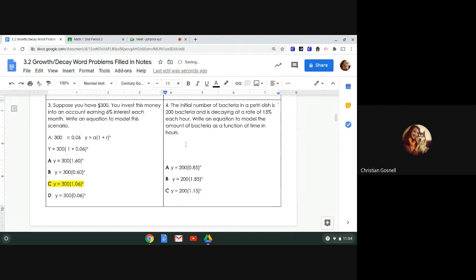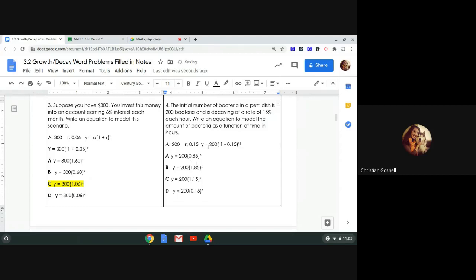Last example: the initial number of bacteria in a petri dish is 200. That means my a is 200, that's my start, and it is decaying at a rate of 15% each hour, so my r is 0.15. Now I plug everything into the correct spot for the decay: the start, 200, then 1 minus your r value, to the power of x.